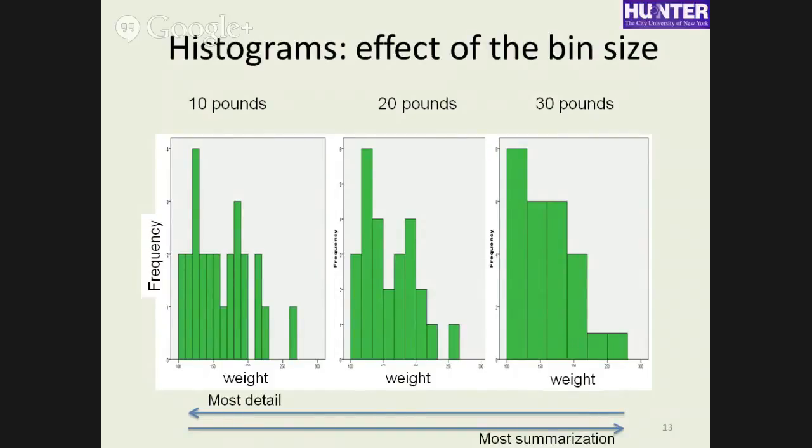Question? Just to make sure I understood your definition of the general difference between histogram and bar plot: a data point for a histogram can fall in between, because it's a range, whereas in a bar plot it can't do that because it's a category. Yes, so the question is again about the distinction between a bar plot and a histogram.